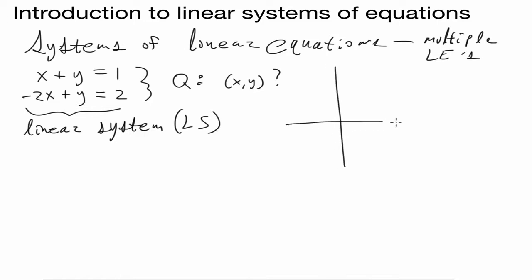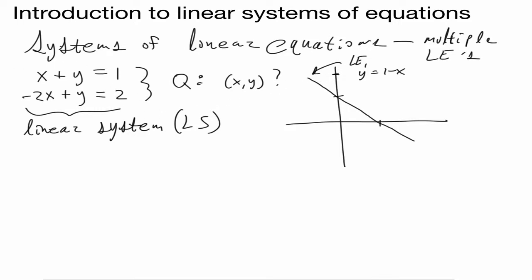I'll draw that graph again, and at 1 and 1, we have that line that goes through like that. And that's that first equation. That's what I'll call LE1. And that is going to be y is equal to 1 minus x. And then we have another equation here. I should have drawn this better.